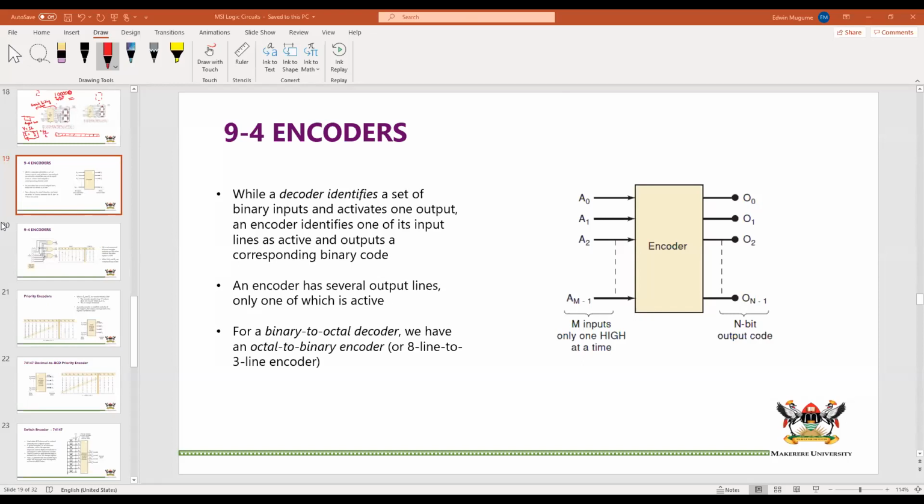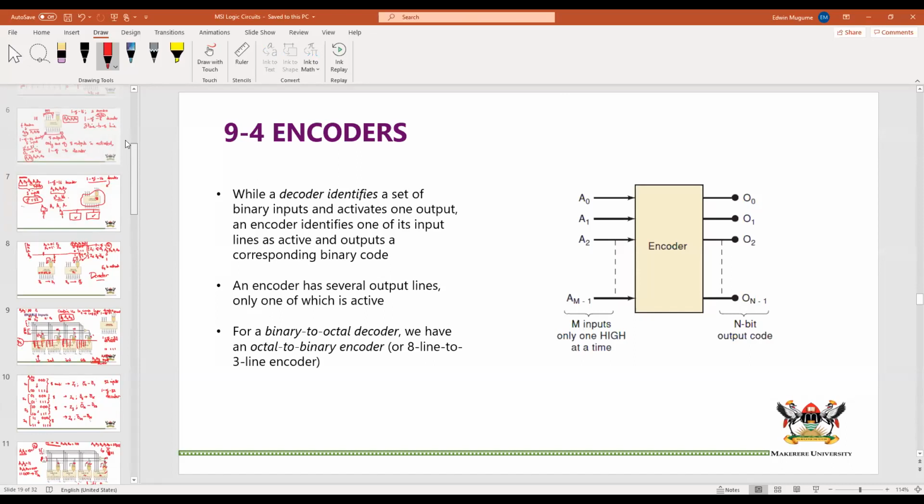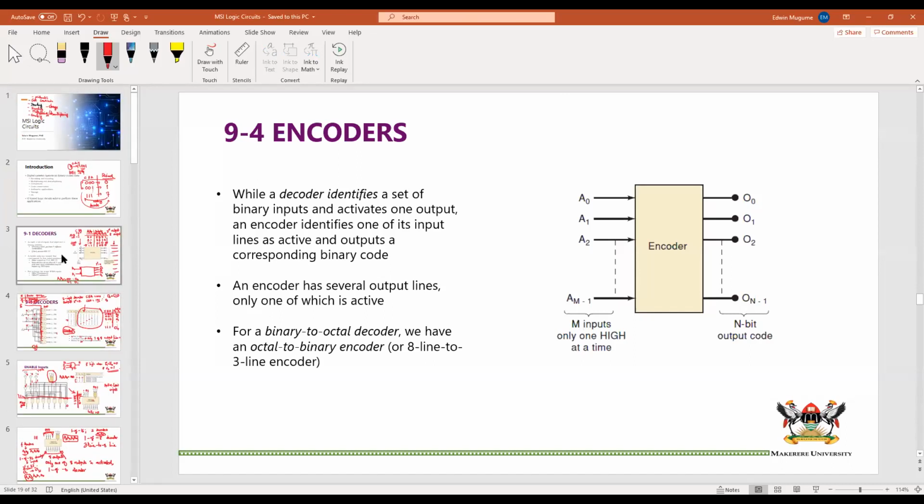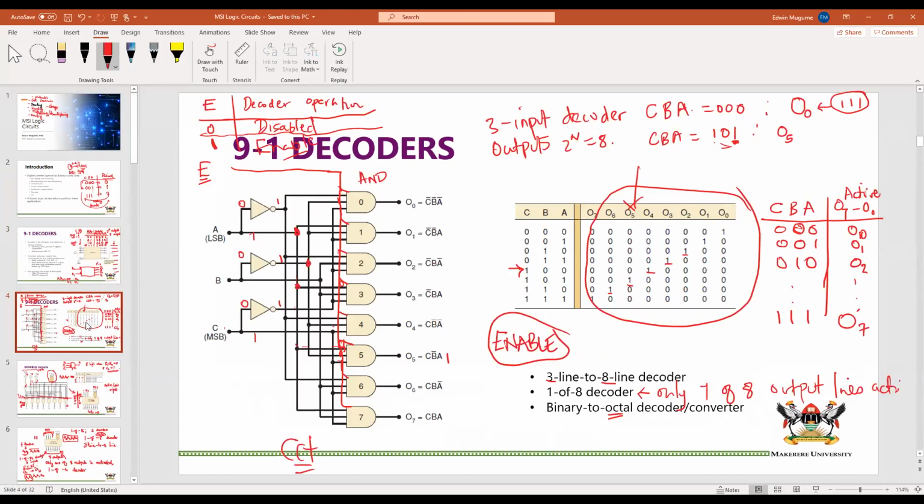Now, just to jog your memory, decoders: you have some input and you want to generate one output that is equivalent to that specific input.